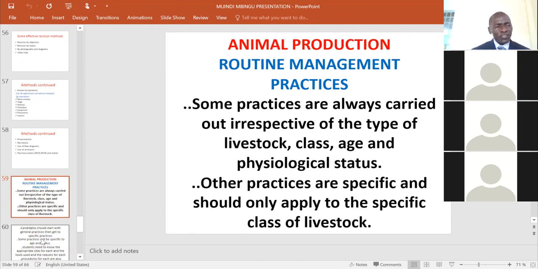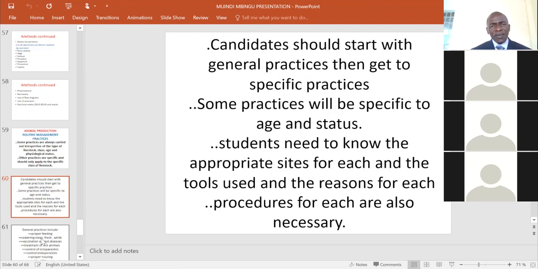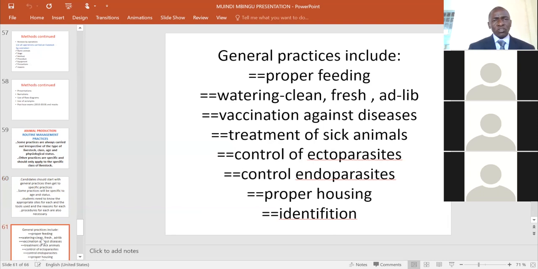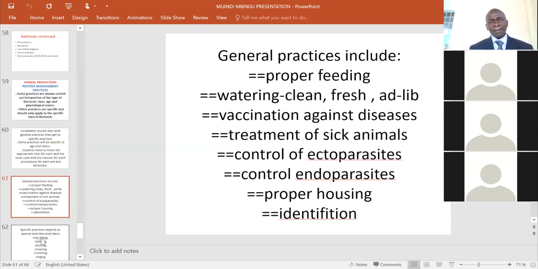So it does not apply to others; it is specific to sheep. It is advisable for you to start with the general practices during your revision, practices that can be carried out on more than one livestock. Then later you can zero in on specific practices. In that way, you do not forget, and you are less likely to make a mistake.